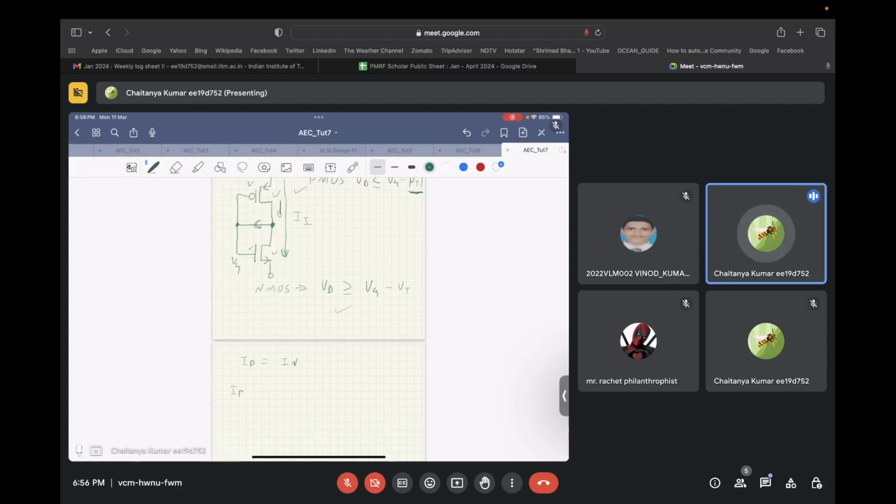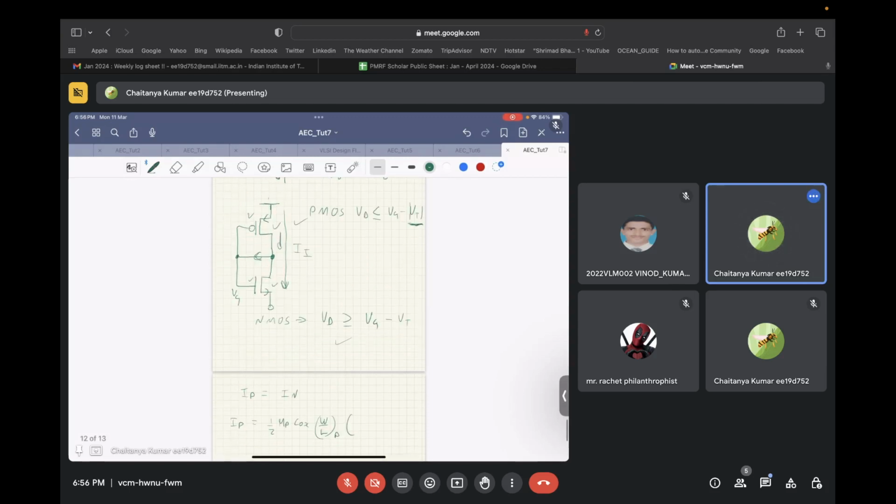Now, what is the value of IP? The value of IP is half mu P Cox W by L of P times the source-gate voltage minus modulus of VT, whole square. This is some VDD, this is some V naught.